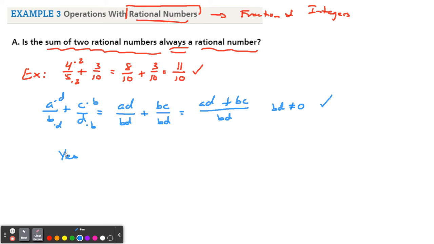Yes. Now this brings us to what they're trying to teach you, and it's this idea of what's called closure. So what we would say is rational numbers are closed under addition.